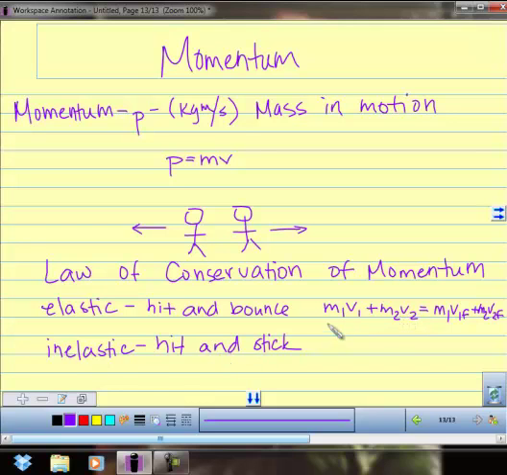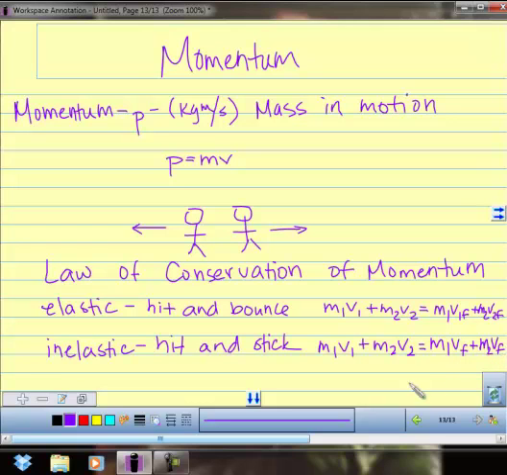Inelastic is the same formula. However, after the collision, they are both moving at the same velocity. So for this one, m1v1 plus m2v2 gives me m1v final plus m2v final.